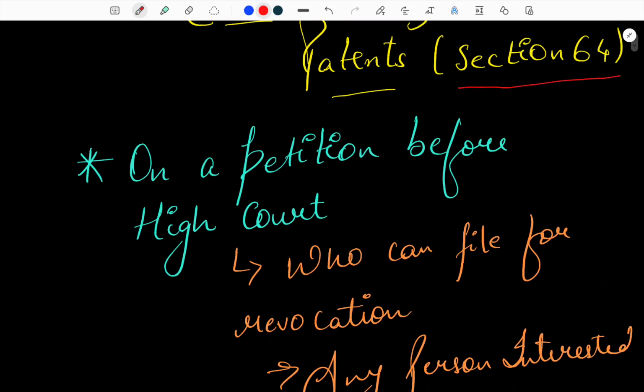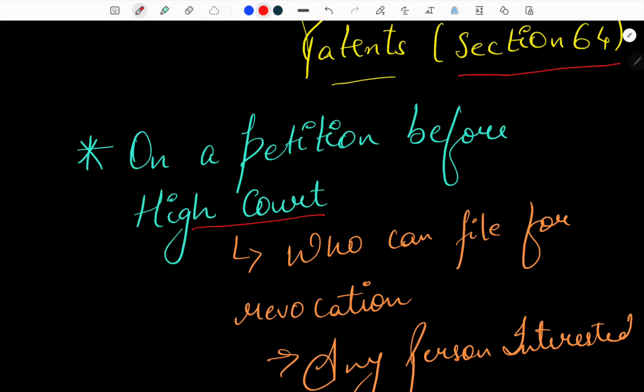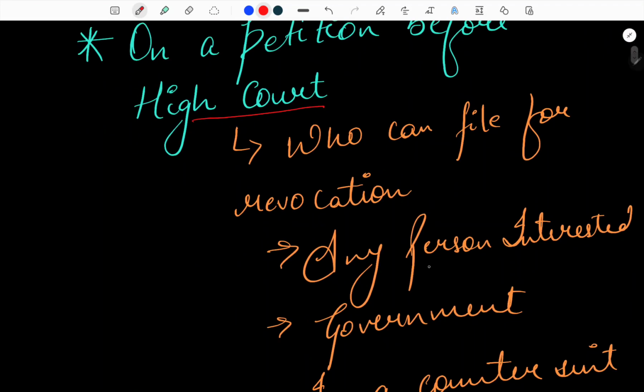At present, what section 64 provides is that only the High Court has the authority to revoke a granted patent. So who can file for the revocation? It's either any person interested. The definition of any person interested is under section 21T, who is being affected basically by the trade of that particular patent, directly or indirectly, a grant of a particular patent.